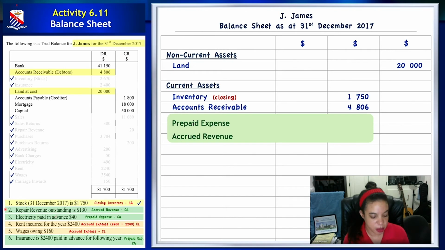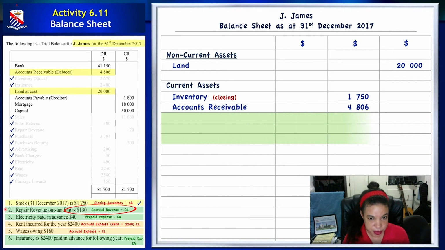So we're just going to put it in any order. The first one is the repair revenue, so the accrued revenue. Let's deal with the accrued revenue first. But notice you're not just going to put revenue, you have to put the specific revenue. In this case, it's repair revenue. So you're going to put accrued repair revenue. And how much is your accrued repair revenue? $130.